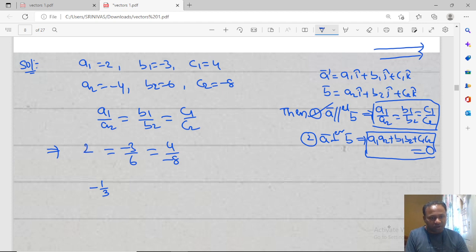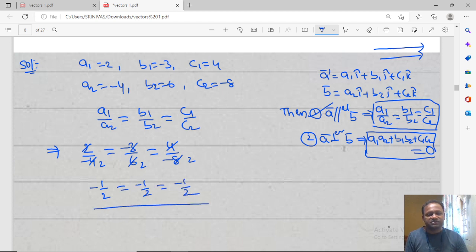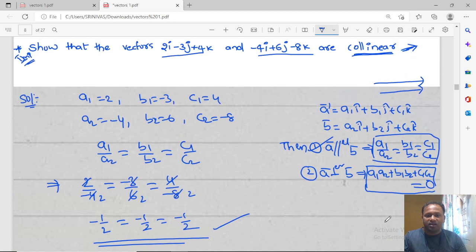So 2 divided by minus 4. So the answer also changes. So what we get? 2 ones are 2, 2 twos are 4; 3 ones are 3, 3 twos are 6; 4 ones are 4, 4 twos are 8. Minus 1 by 2 is equal to minus 1 by 2 is equal to minus 1 by 2. Satisfied now? Hence we can say that the given vectors are collinear.